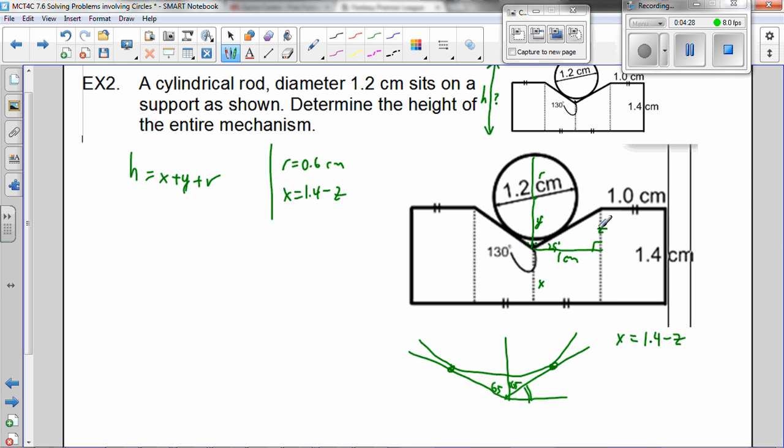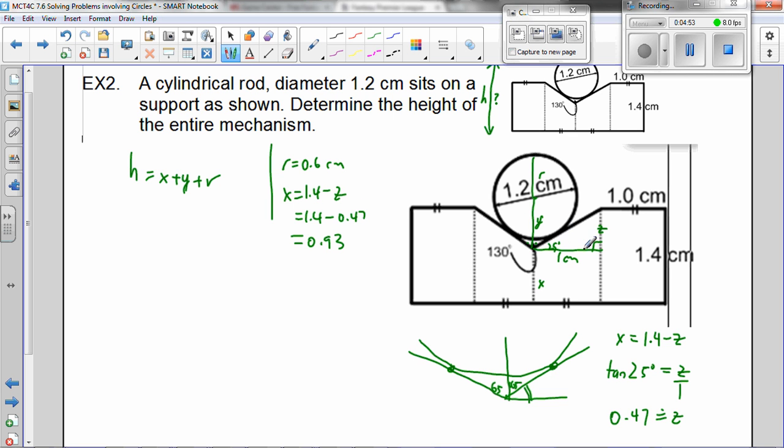And it's opposite and adjacent. So that's the tangent of 25 degrees. Note to self, study for the exam. And Z is about 0.47 centimeters. So then that means X is around 0.93.